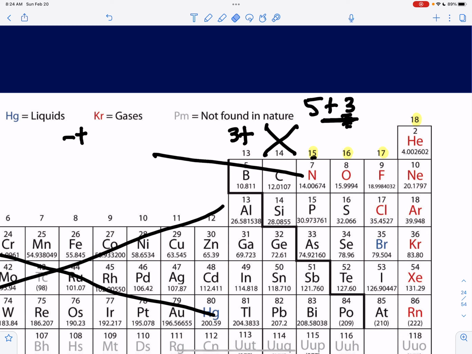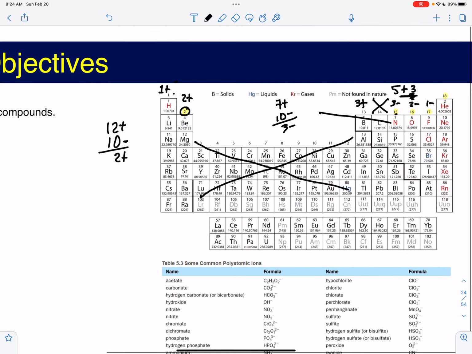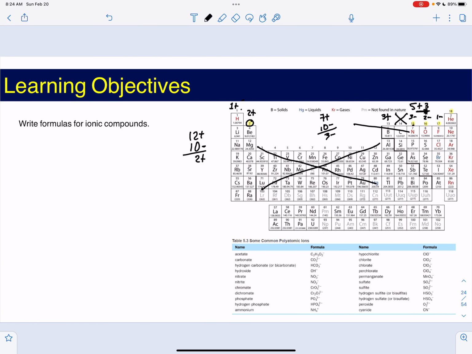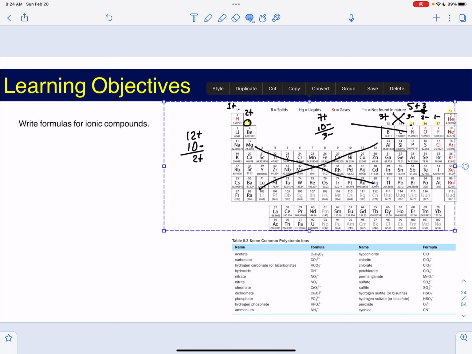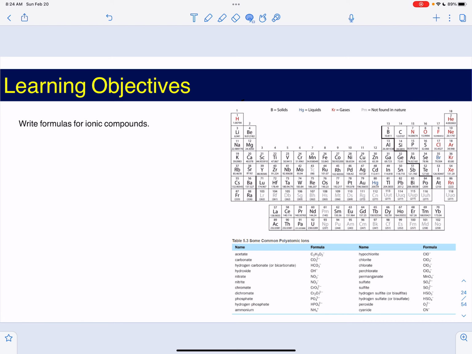So now it's going to be not 7 electrons, but 10 electrons, which gives us an overall of 3 minus. And that's why this one is 3 minus, this one is 2 minus, and this one is 1 minus. So now that we understand why those numbers are the way they are, it will serve you well to understand why group 1 is plus 1, why group 2 is 2 plus, and so on.